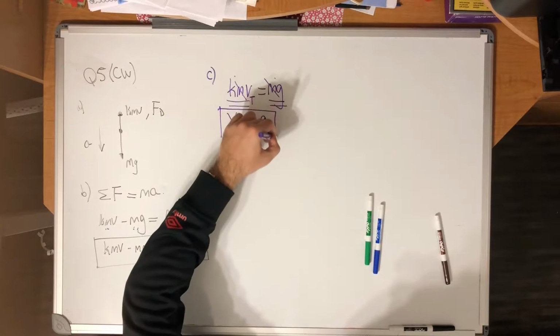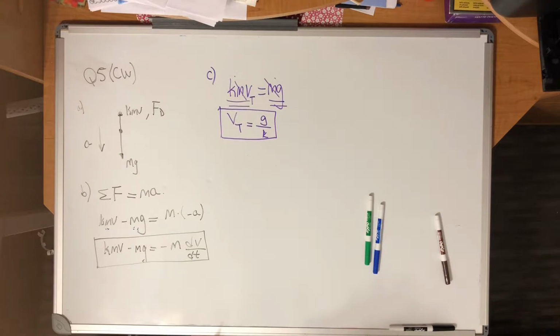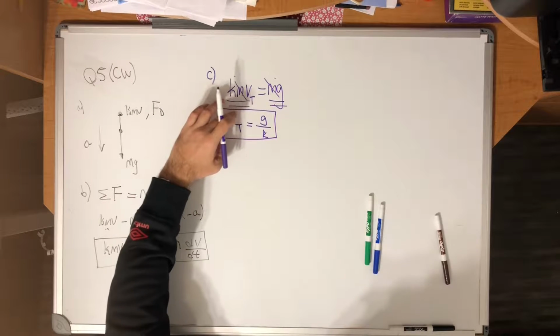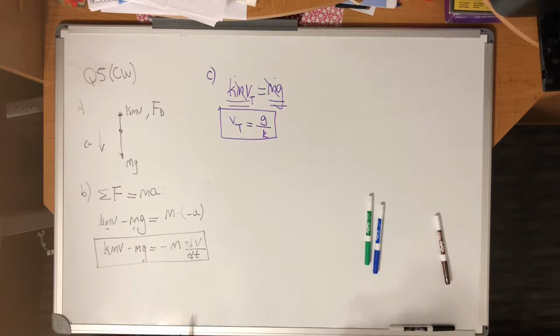Alright, so that is this simple basically. You don't need to solve for anything. All you need to do is recognize that drag force equals your weight, and then your velocity in that function this time will be called terminal velocity, and you just solve it for vt.